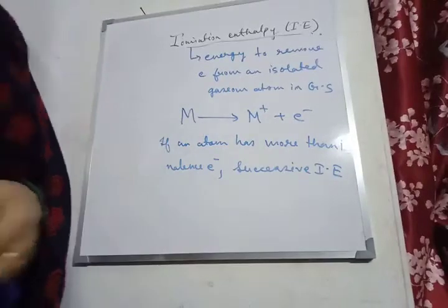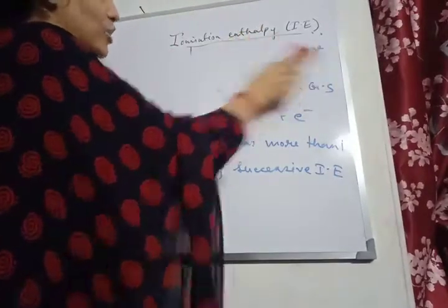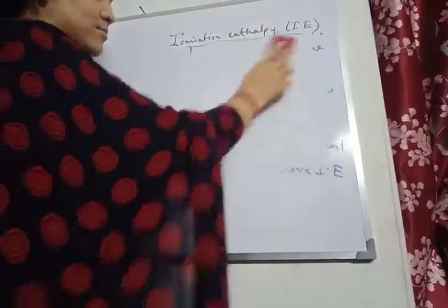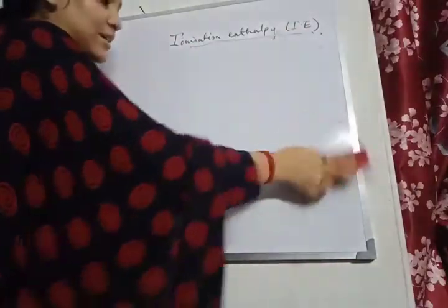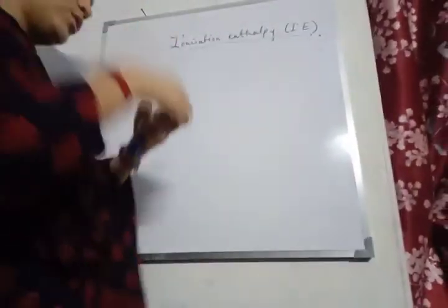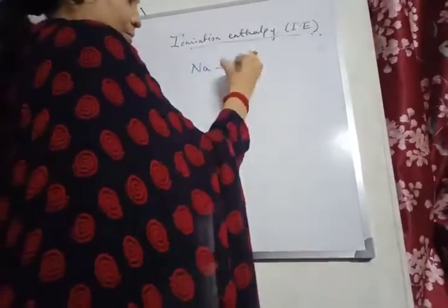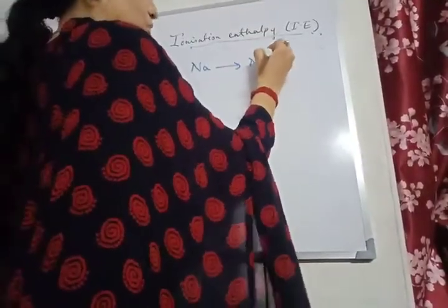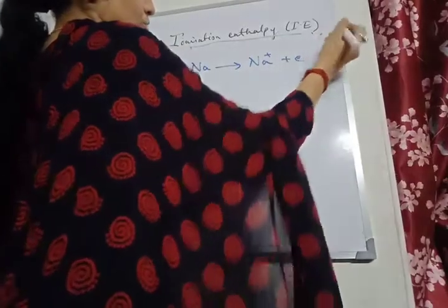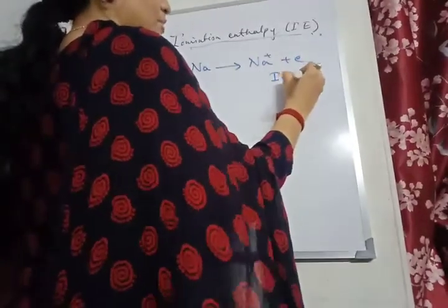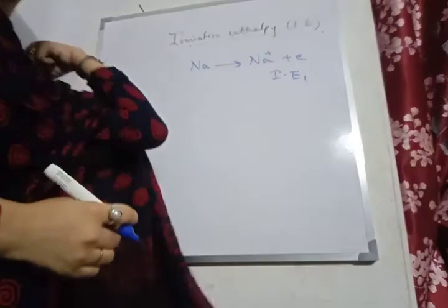For example, sodium, potassium, lithium have only one valence electron. Sodium has only one valence electron, so the energy required to remove this electron is equivalent to the first ionization energy, that is IE1.